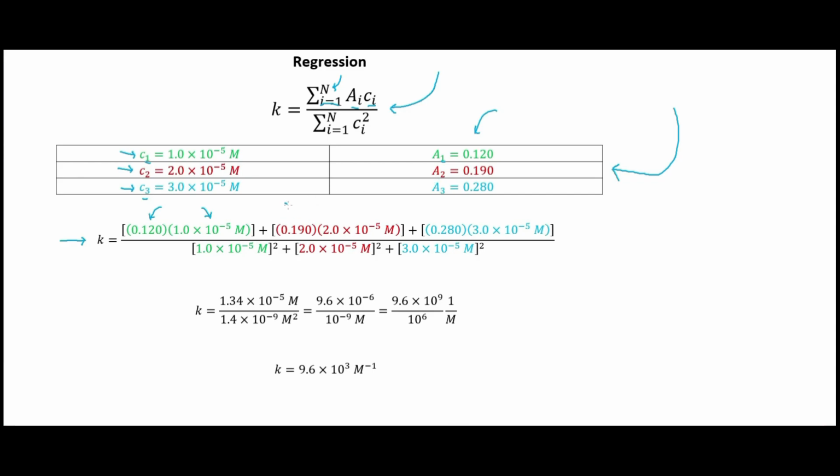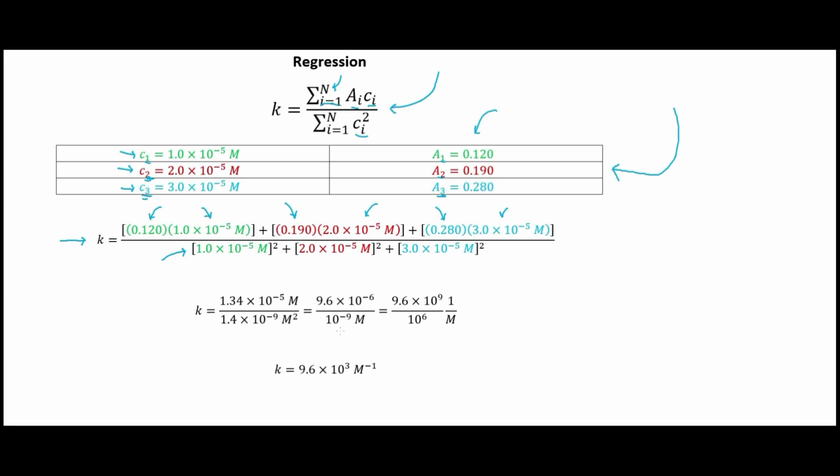Then up here it's the absorbance here for A sub 2, and then the concentration over here at C sub 2. And then right here is the absorbance at A sub 3, and then the concentration at C sub 3. And then down here is just the C sub 1 squared, so C sub 1 squared plus C sub 2 squared plus C sub 3 squared.